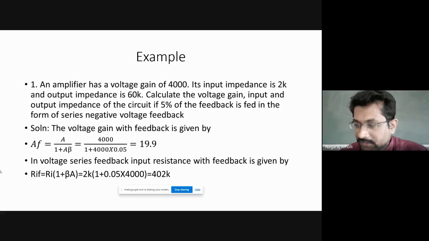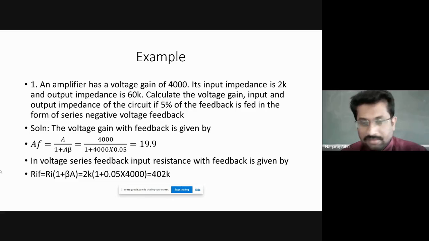Just verify. 1 plus 0.05 into 4000, that multiplied by 2000. How much are you getting? 39.8k. Am I right?